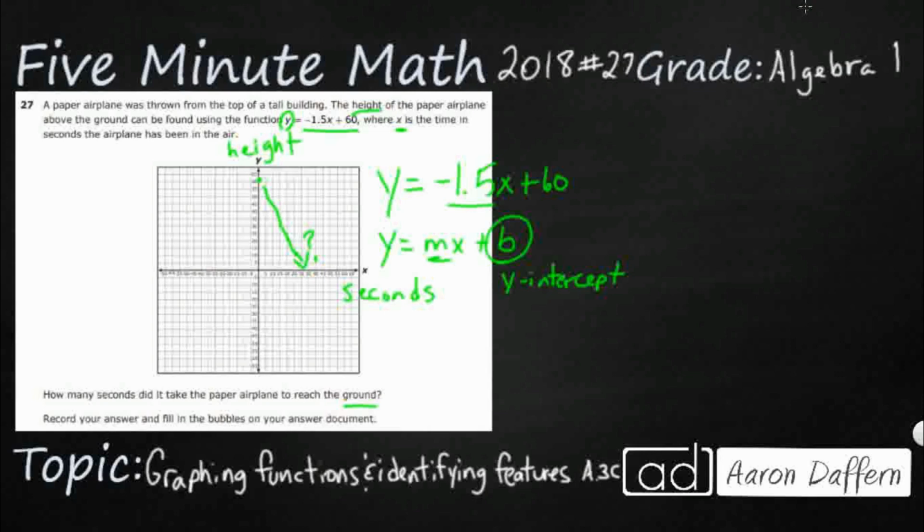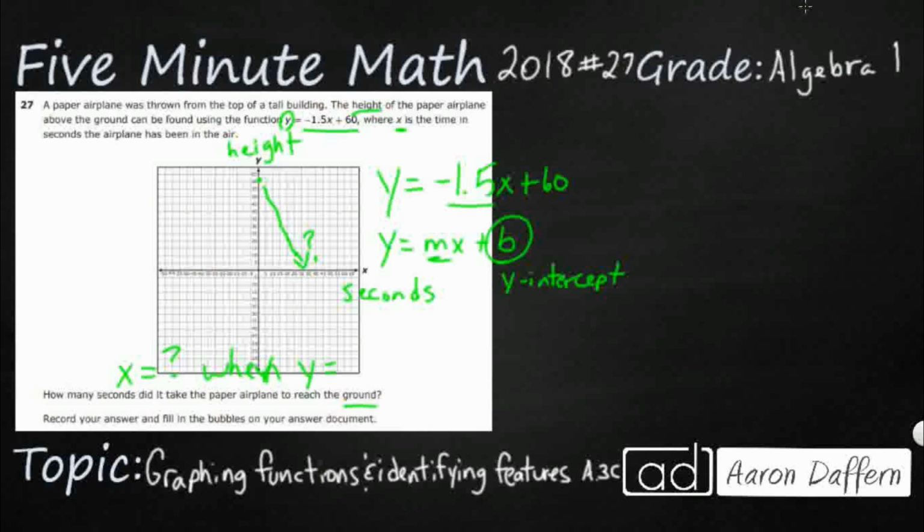And so we're looking for how many seconds it took to reach the ground. The seconds is x. So x equals, that's what I'm looking for, when y equals, here's my height. What happens when you're hitting the ground?